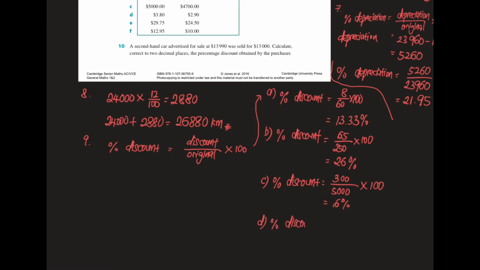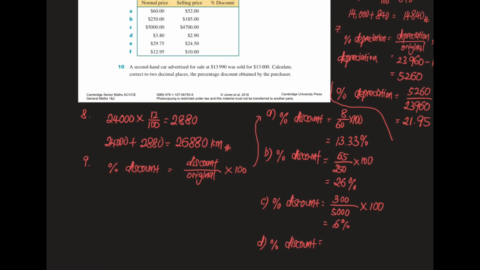Let's look at D first. Percentage discount. First we find the difference. $3.80. This is $2.90. The difference is 90 cents.